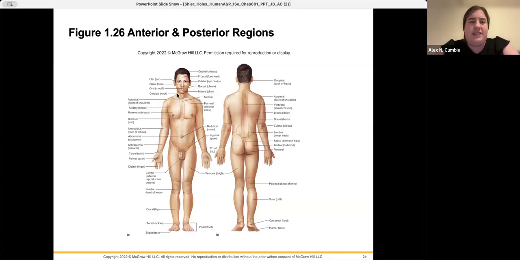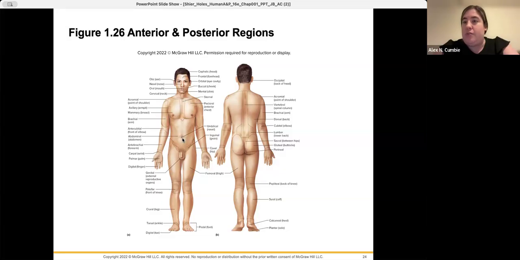Working our way down, you might see the neck, which is usually referred to as cervical, not referring to the cervix in women, but to the neck. You might have different areas of the chest. This whole chest area is part of the thoracic cavity, so we refer to the chest as thoracic, but based on certain parts, you might have regions where the pectoralis muscles are, so we call them pectoral, and where your sternum is in the middle, we call it sternal.